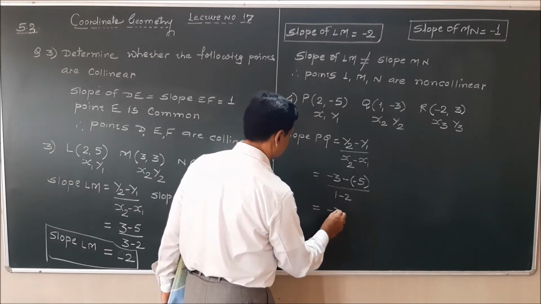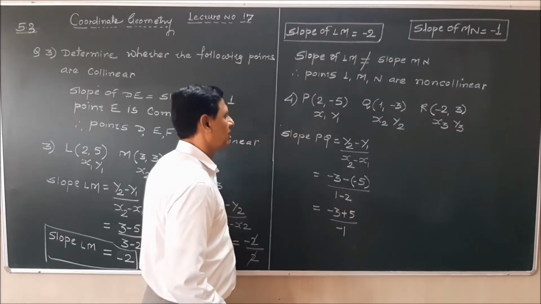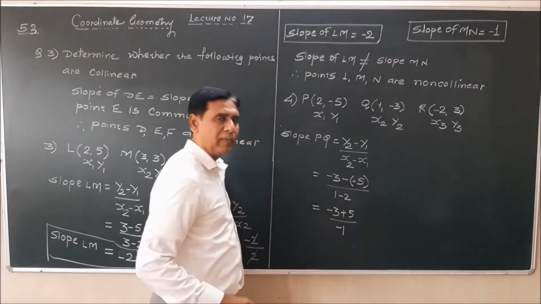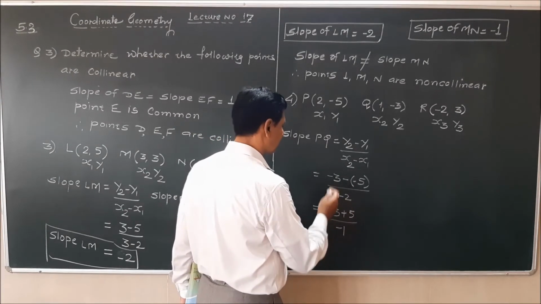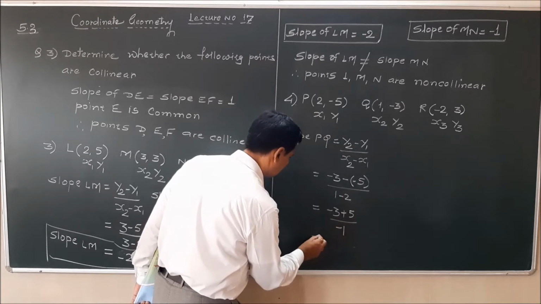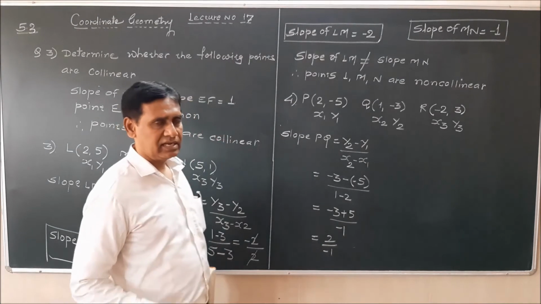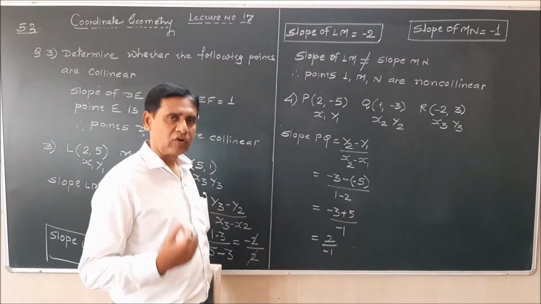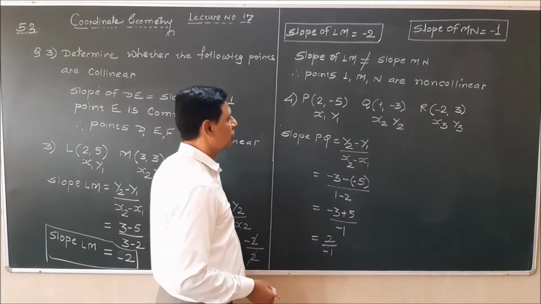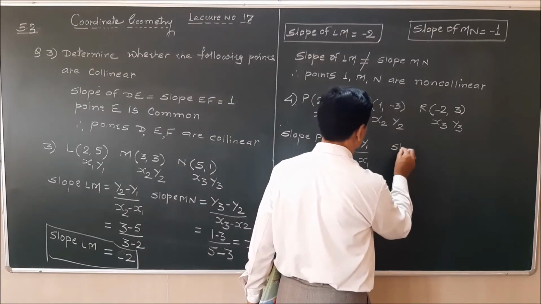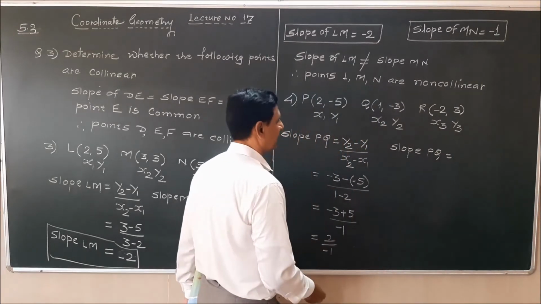So minus 3 plus 5 upon minus 1. Please note here, minus into minus gives us plus. So 5 minus 3 is 2, and 2 upon minus 1. Whenever there is a negative sign in the denominator, we consider it for the whole fraction. Therefore, slope of PQ is equal to minus 2.